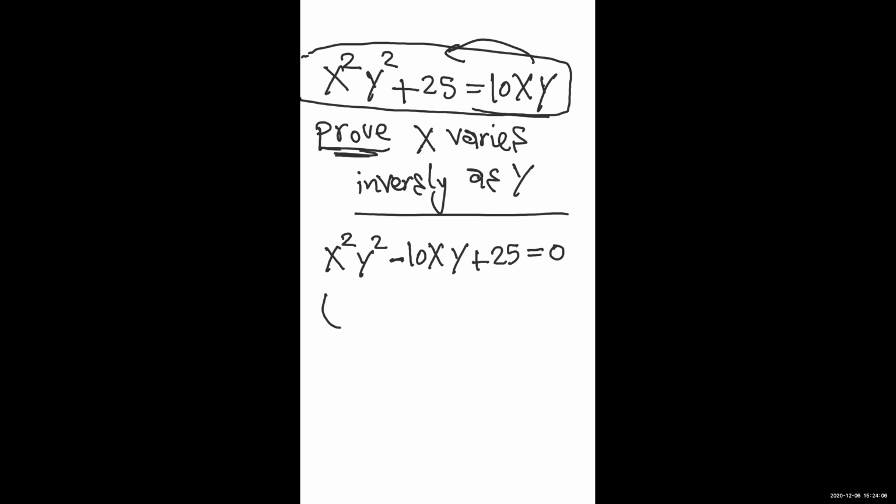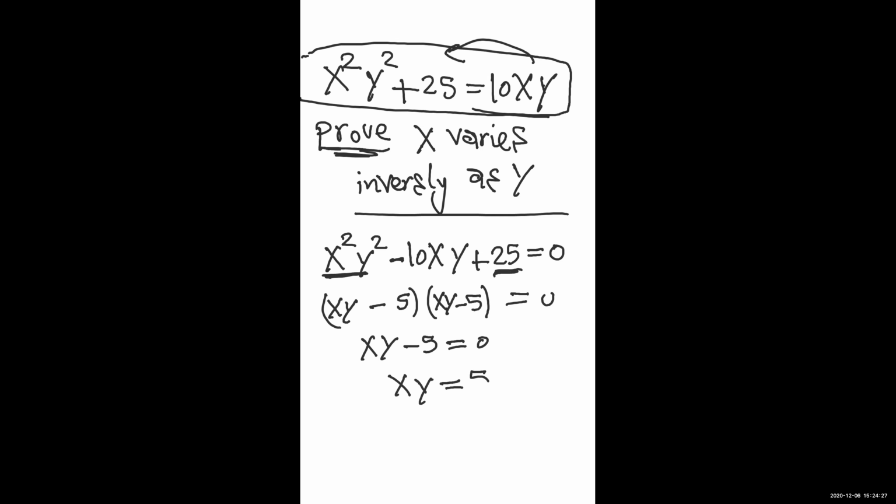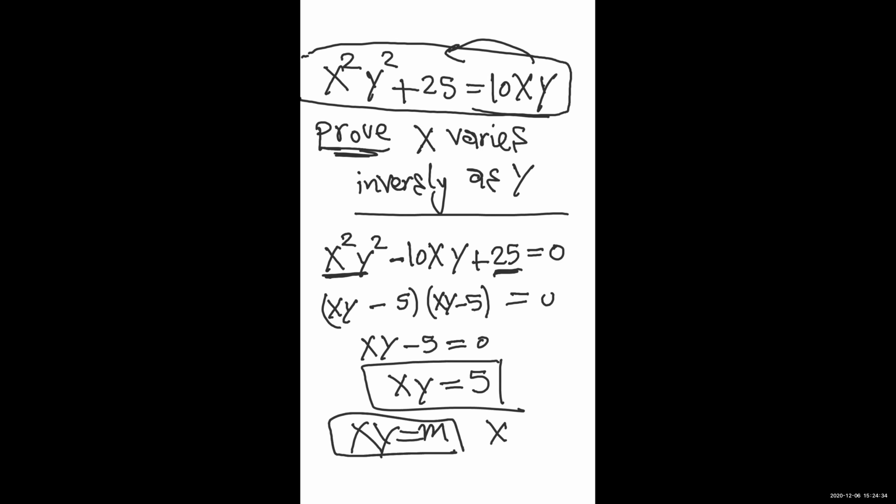Okay, factorize, two brackets equal 0. x squared y squared, so xy, and here xy, 25, 5 and 5, negative and negative, so xy minus 5 will equal 0. So simply, guys, xy will equal 5. Now, guys, xy equals m? Yes. So x varies inversely with y. Proved. Clear?